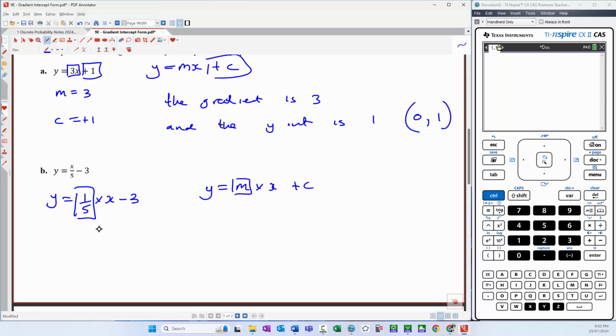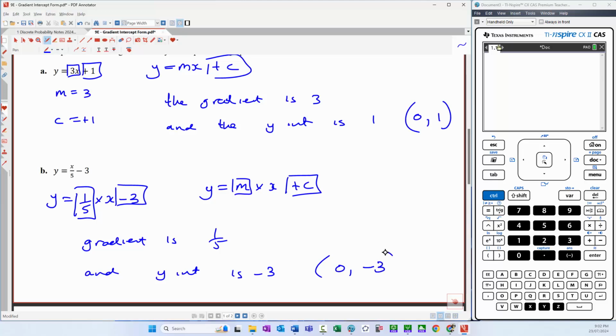That's perfectly allowed. So the gradient is 1/5, and the y-int is this value here, the plus c, which is take away 3. As a coordinate, when x is 0, y is -3.